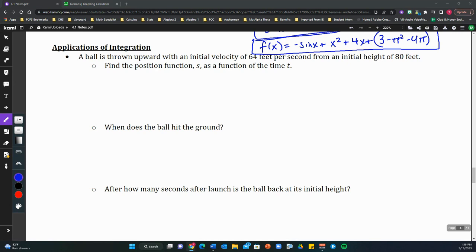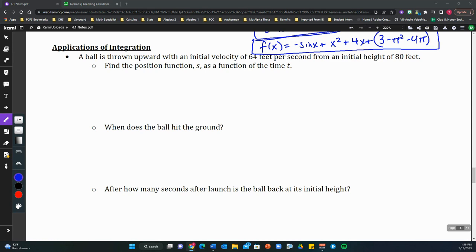So if you remember, when we first talked about vertical motion, there was a general equation for position functions for vertical motion. Now, I'm sure you guys, because you're all great students, have that committed to memory still and can write this out perfectly. But because of the power of integration, let's say that you forgot it.